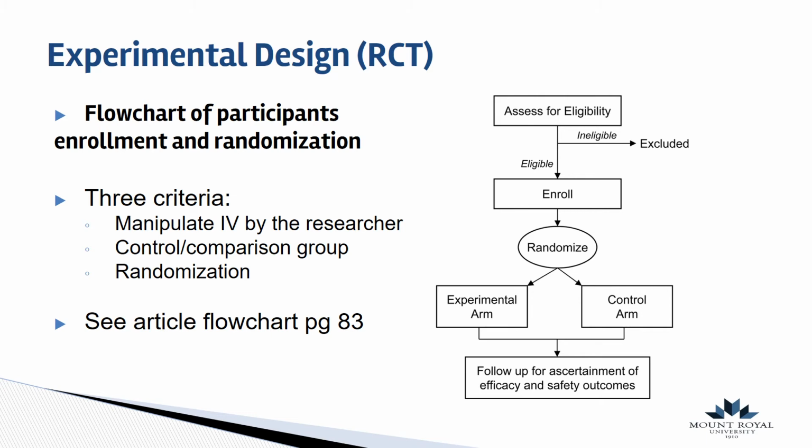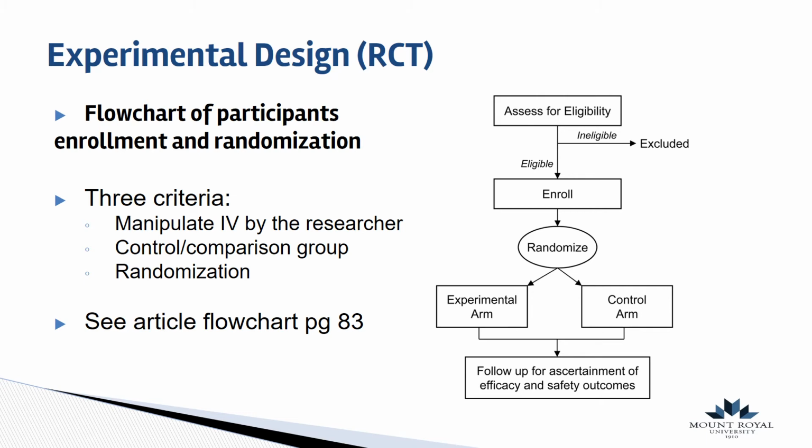So there might be features about those individuals that might impact the results, and then we would be unable to determine that it was actually the treatment or the intervention that caused the change. So all the studies we look at in these next 3 classes will pay attention to that inclusion and exclusion criteria.